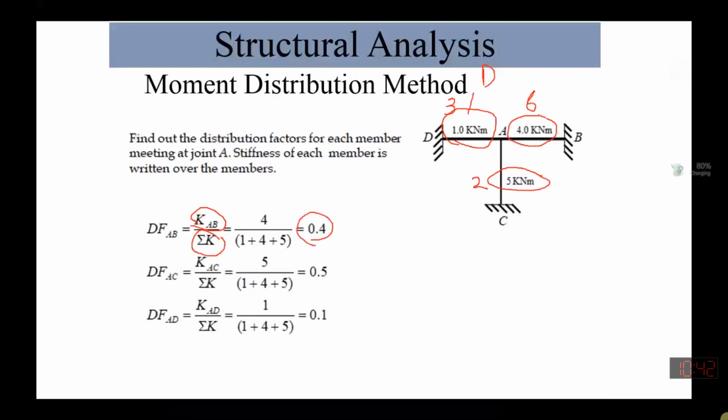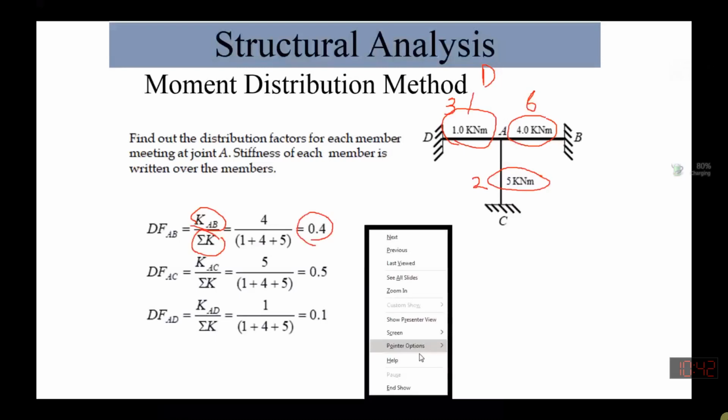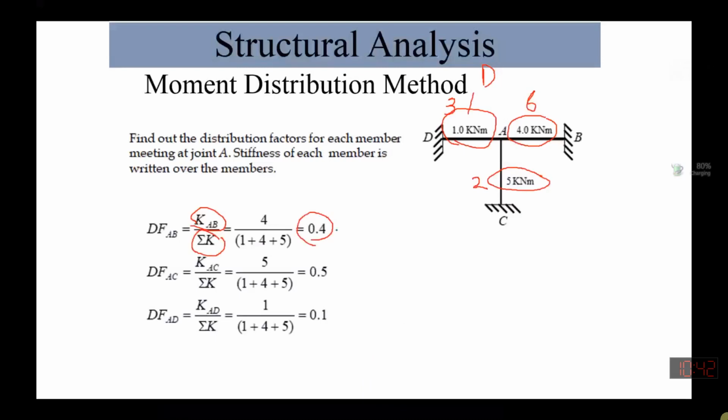I repeat, find these values again. I will give you 2 to 3 minutes. This one is 3, 6, and 2.